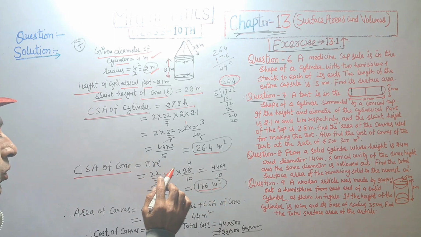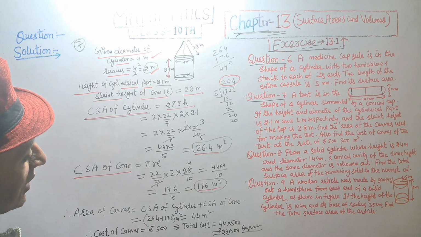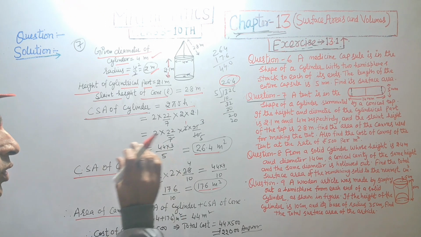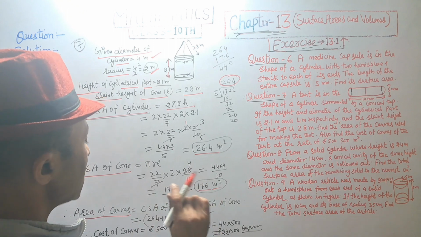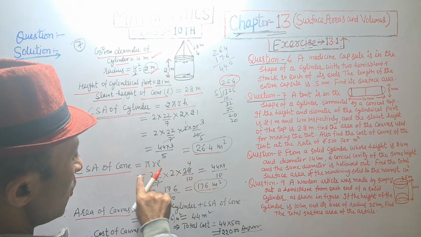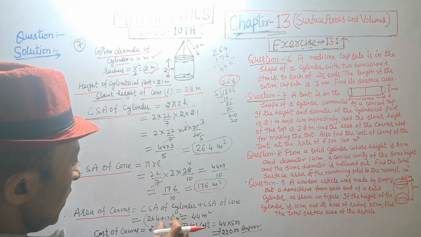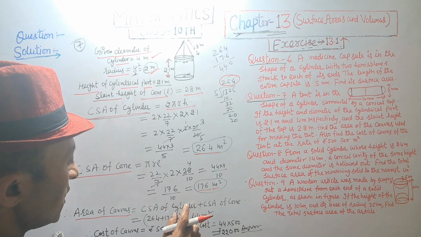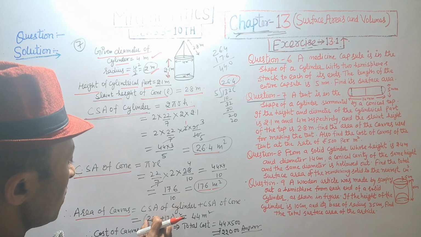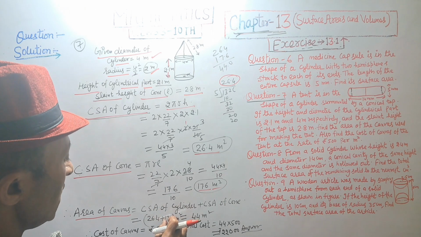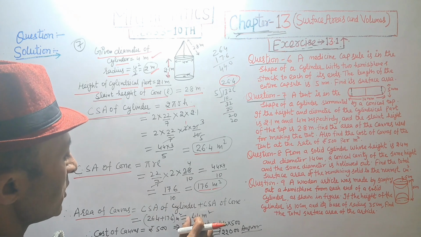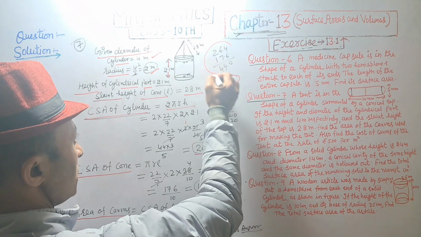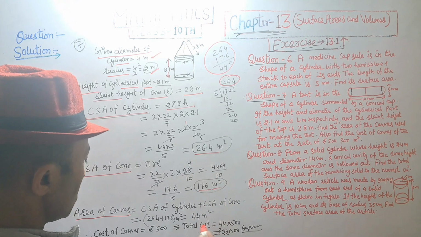Curved surface area of cone is 17.6 meter square. Area of canvas is equal to curved surface area of cylinder plus curved surface area of cone, and we get 26.4 plus 17.6 meter square, that is equal to 44 meter square. Their sum is 44 meter square.